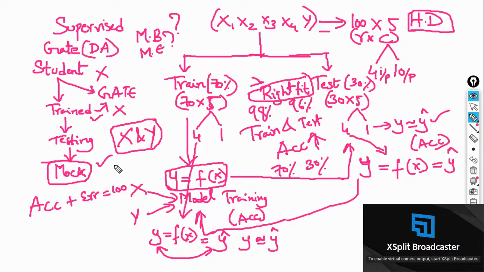Either the student is learning the concept or the student is by-hearting, mugging up. If the student by-hearts, he or she will only perform on the trained questions. But if the student understands the concepts, you know for sure they can answer any kind of question that can be asked with respect to the exam.